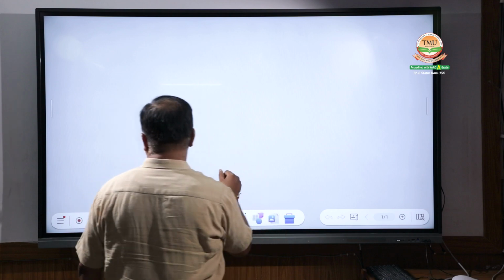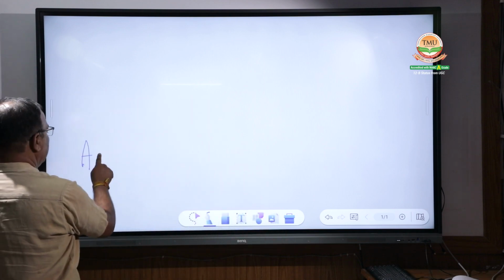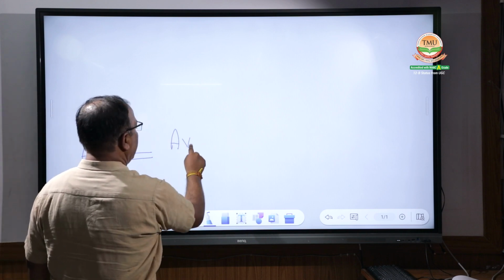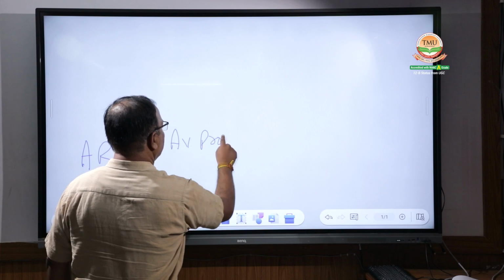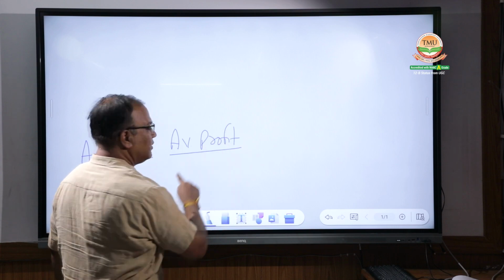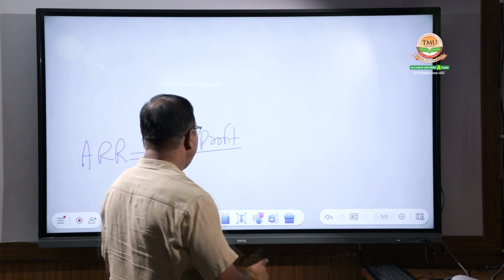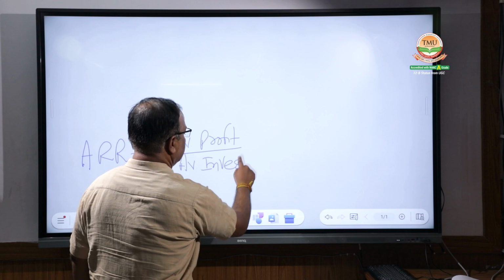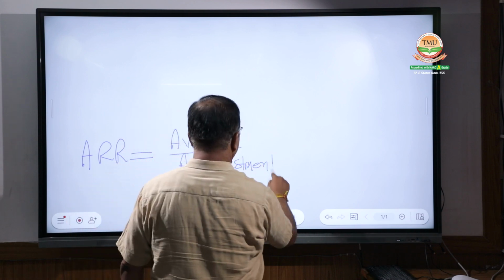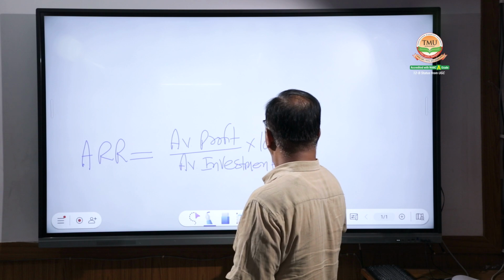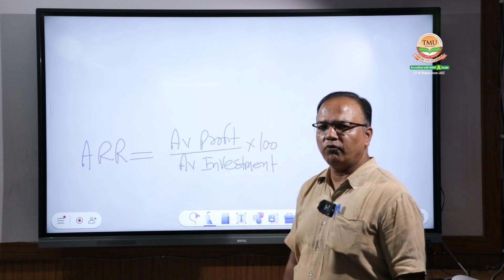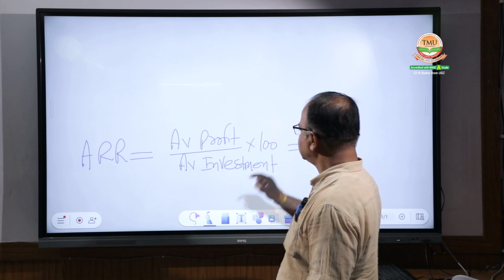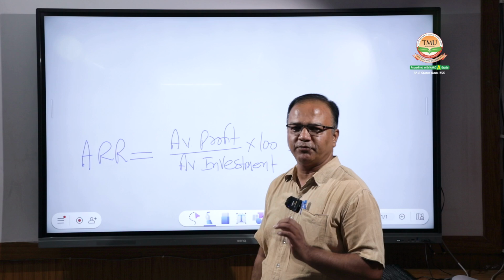So the formula of ARR is equal to average profit divided by average investment into 100. This is the formula of accounting rate of return. First of all, you have to find the figure of average profit.